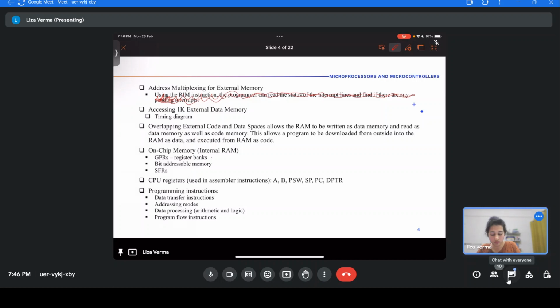Four register banks, right? So we have four register banks, and why have we divided this space into register banks? Why can't we just use them as direct memory locations, like other locations?